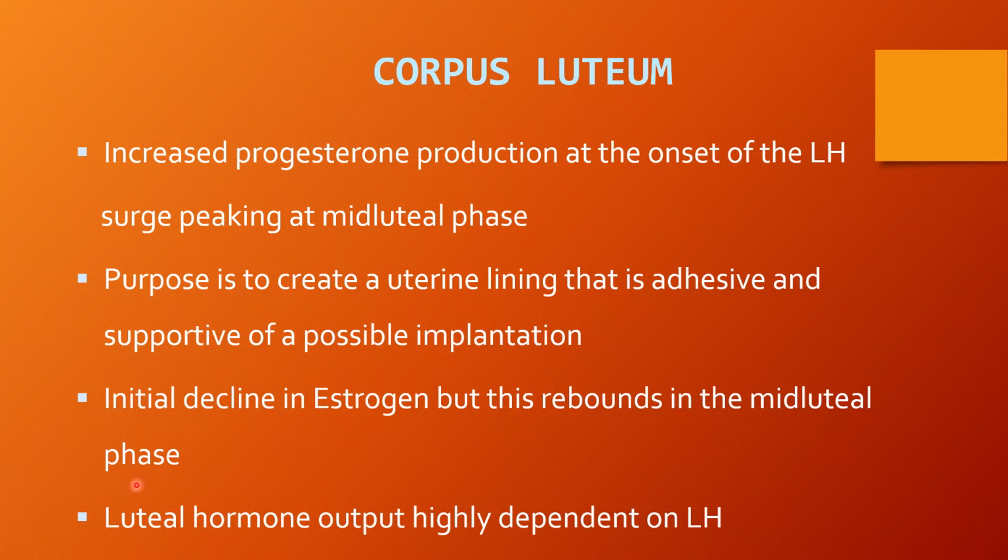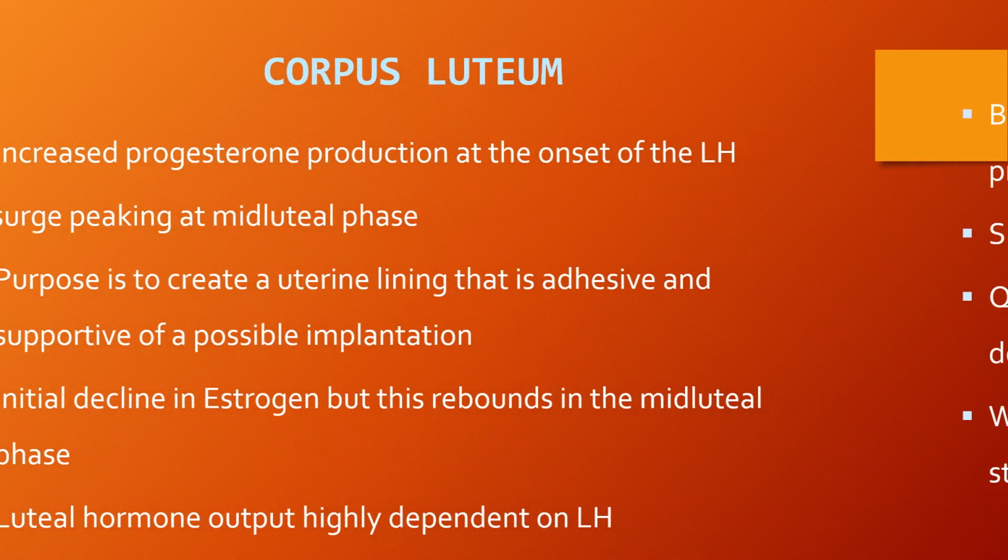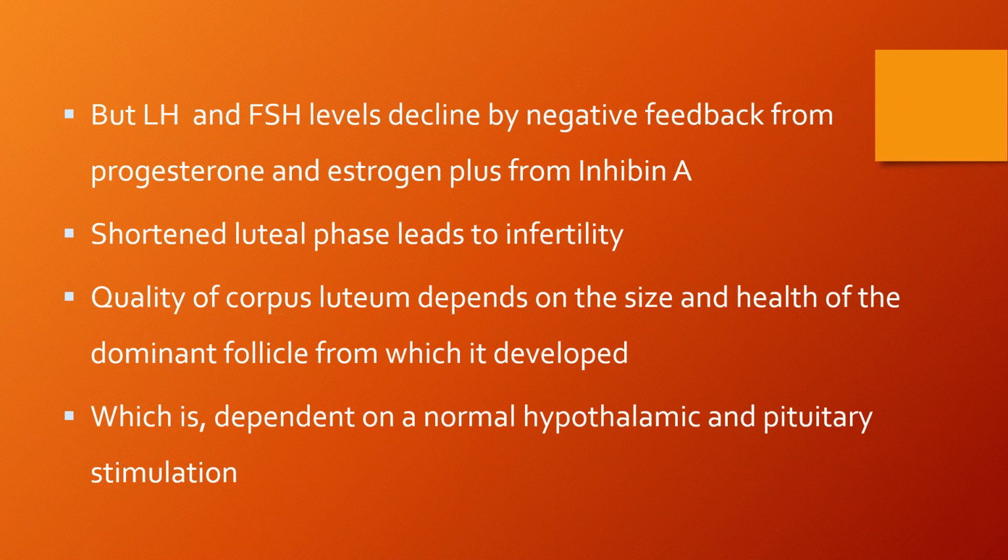Okay, there is an initial decline in estrogen, but this rebounds in the mid-luteal phase, and your luteal hormone output is highly dependent on luteinizing hormone itself. But your LH and FSH levels decline by negative feedback from your progesterone and estrogen produced, plus the production of your inhibin.